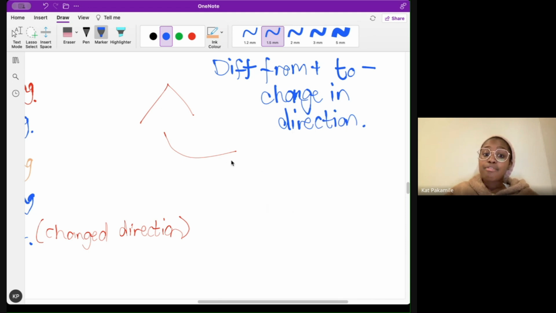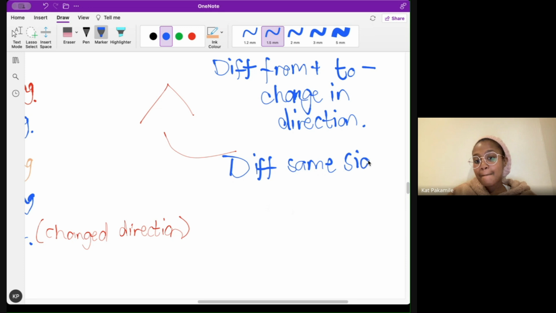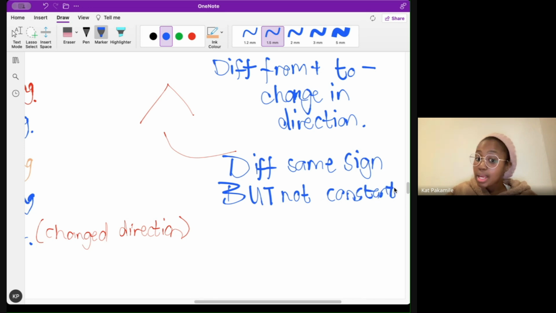Okay, if my difference is the same sign, but not constant, then it is a curved graph. All right, guys.